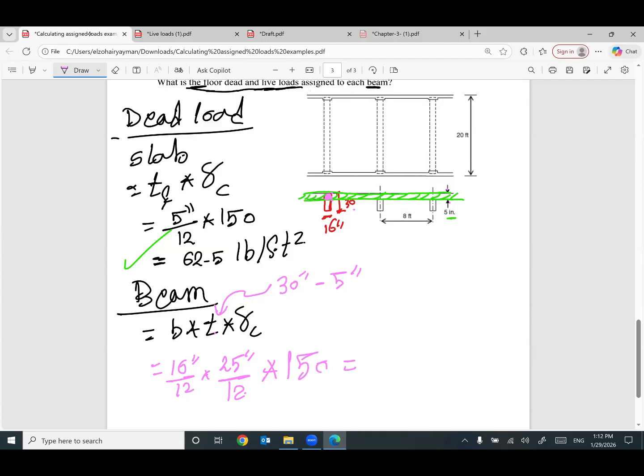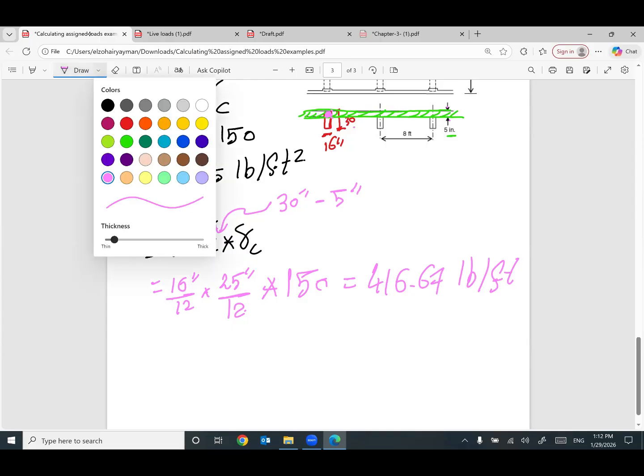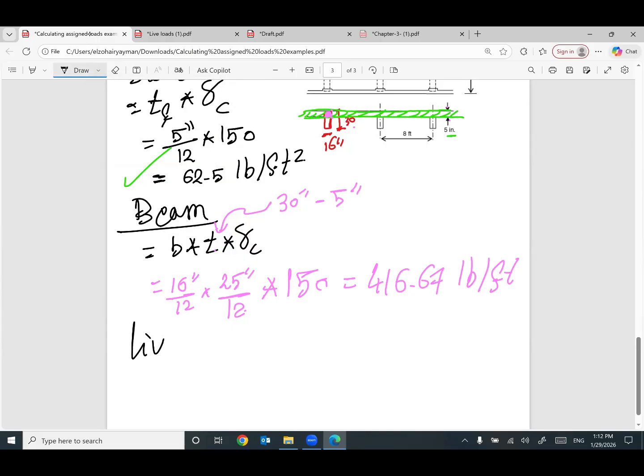So the value will be 16 divided by 12 times 25 divided by 12 times 150. I got 416.67 pound per foot.